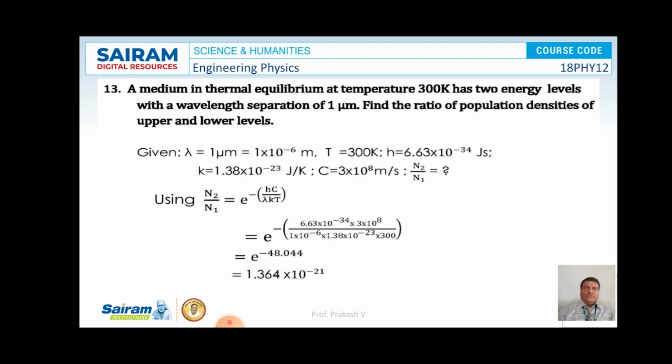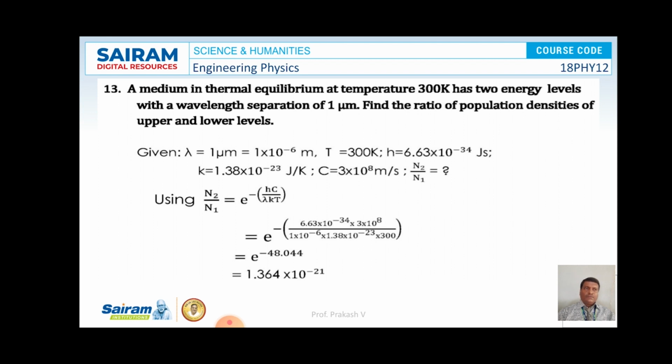A medium in thermal equilibrium at temperature 300 Kelvin has two energy levels with a wavelength separation of 1 micrometer. Find the ratio of population densities of upper and lower levels.